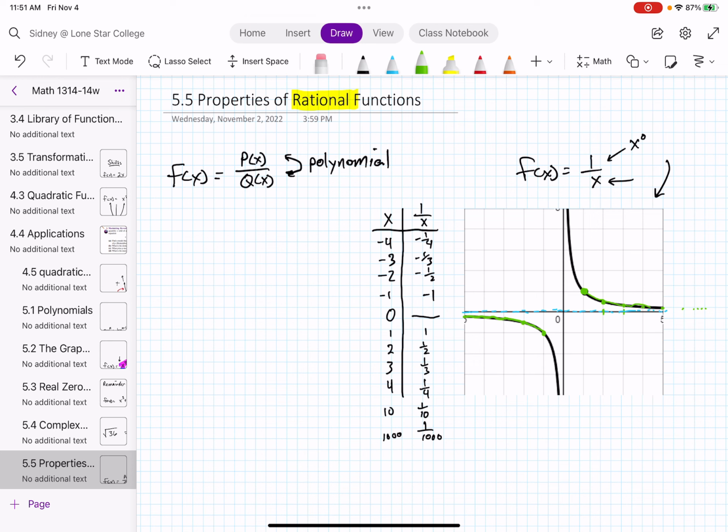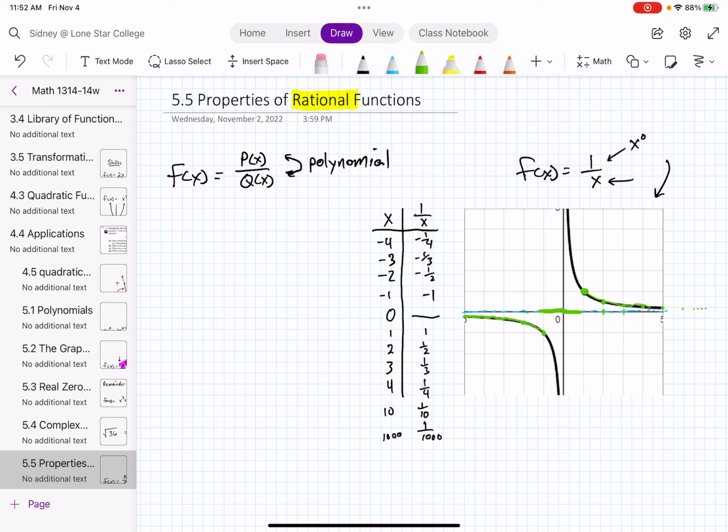Now the part that we're missing from this is this little chunk between 0 and 1 right there, and this part right here. So that piece, and I guess I should have made it this piece right here. And this part is where it gets really interesting, because if you notice, as the x values get bigger, it's getting closer and closer to the x-axis.